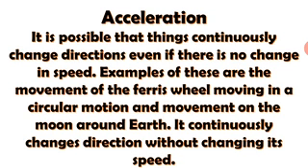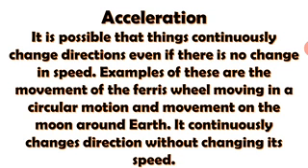So it is possible that things continuously change direction even if there is no change in speed. Examples are the movement of a Ferris wheel. In the Ferris wheel, the speed is the same, but you are moving in a circular motion.